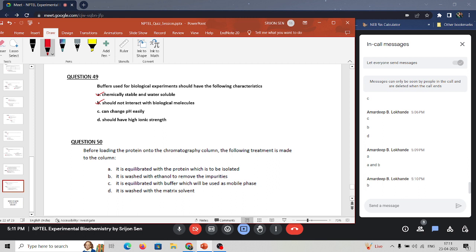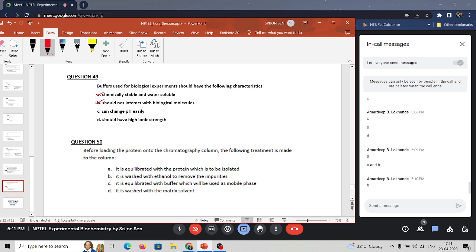So how do you load your protein? You have to use a buffer for that. So for that you need to equilibrate your column with that particular buffer, such that when your protein goes, it does not get contaminated with any other solvents, but remains in that buffer. So you equilibrate your column with that particular buffer, you load your protein, and then you again pass that buffer, the complete loading is done, and then you go for the elution stage.